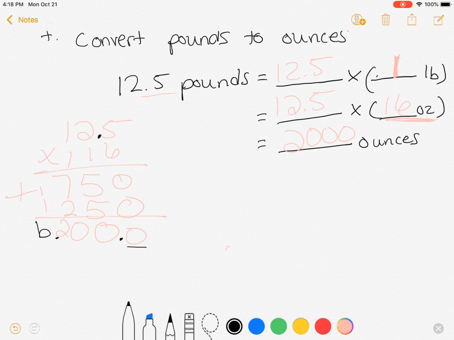So that's 1 place over to show tenths. Because I have my decimal after the ones place, I don't really need the 0 after or the decimal. We can just say 200 ounces. It's fine either way. So 12.5 pounds equals 200 ounces.